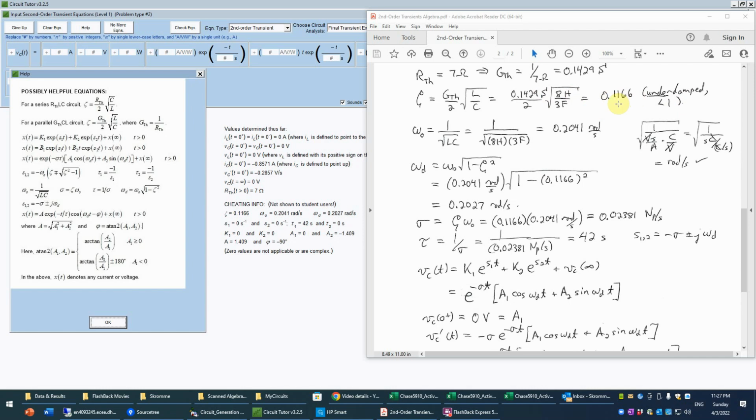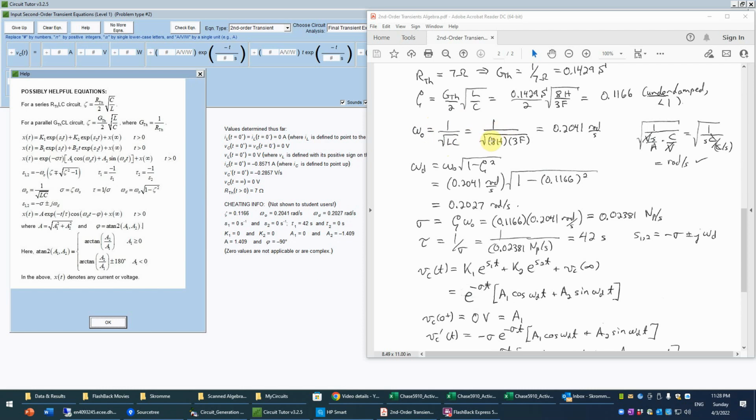Now, we observe that because this is less than 1, our circuit is underdamped, which means we're going to have a ringing effect or a damped sinusoidal solution. In that case, we're going to want our omega naught parameter, which is really only relevant if you're underdamped. It's 1 over the square root of LC.